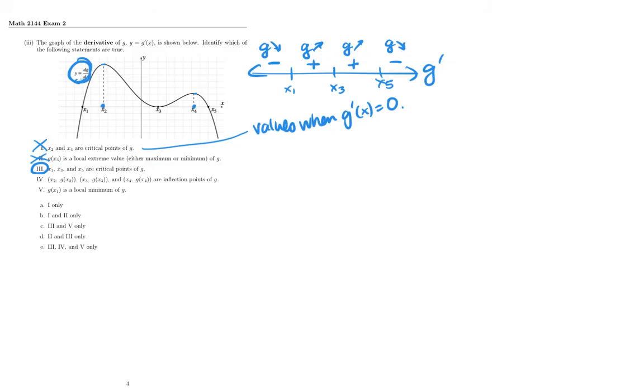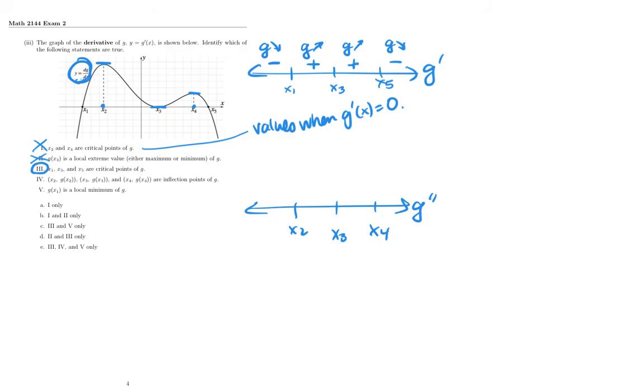So if I'm looking at G prime and I'm trying to tell things about G double prime, I want to see where G double prime is equal to 0. So G double prime will be equal to 0 when the derivative of G prime is 0. So that will be at these values, x2, x3, and x4, the places where the derivative of the derivative is 0.